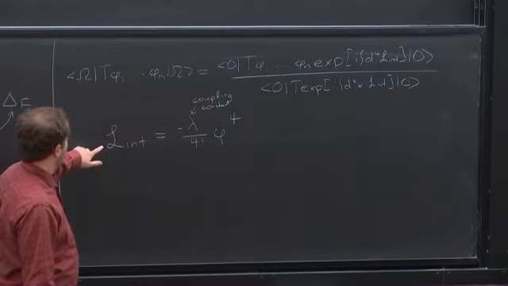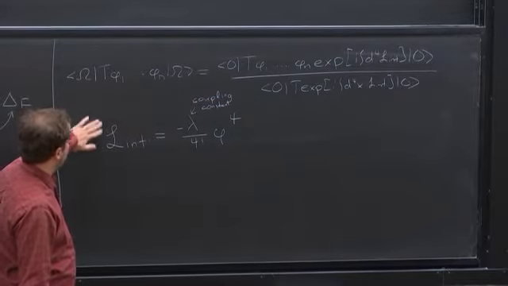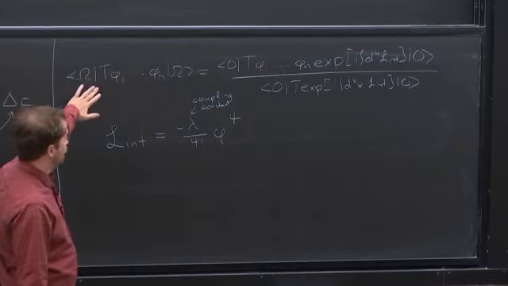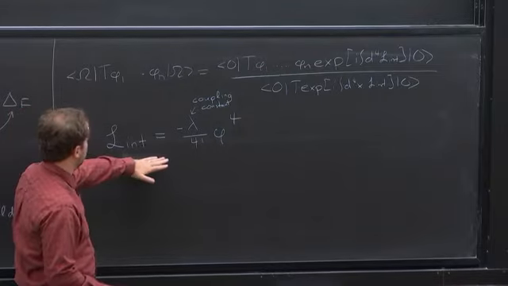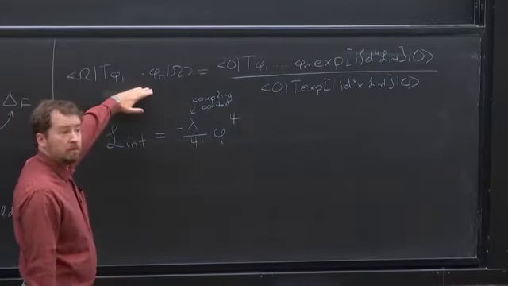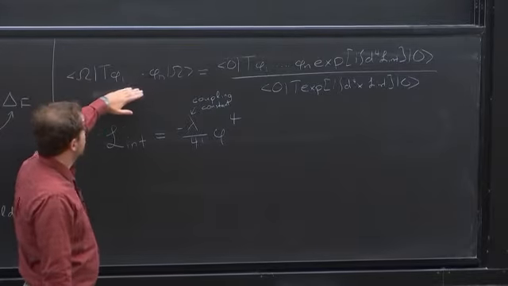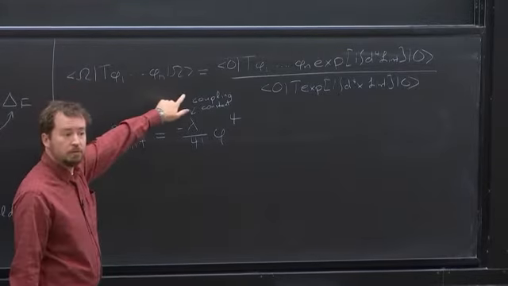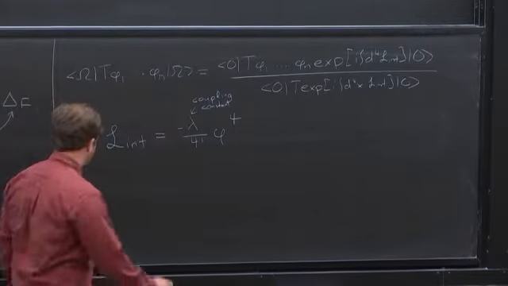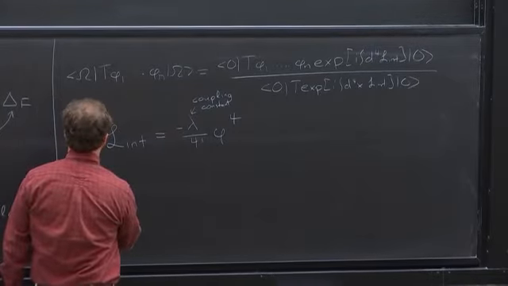So let's look at, for this theory, the simplest possible correlation function, which is the two-point correlation function.